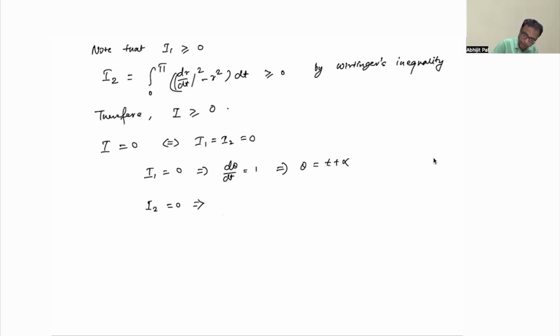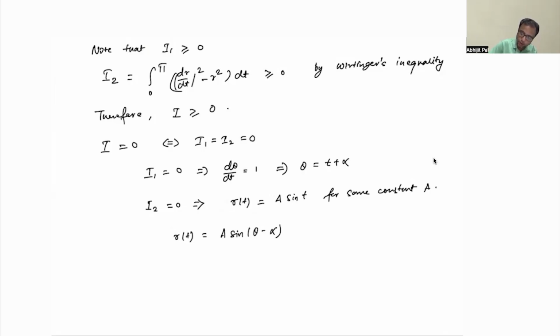Then again by Wirtinger's inequality, it will follow that r(t) is equal to some A times sine of t, for some constant A. Therefore, r(t) is equal to A times sine of (theta minus alpha).